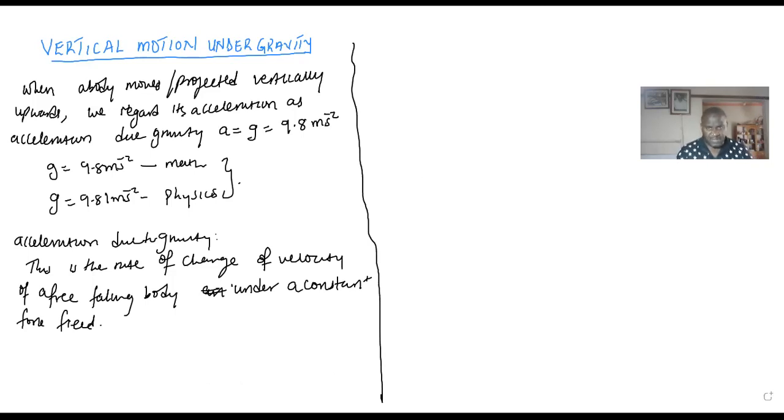Now, when a body is thrown vertically upwards, this is what is going to happen.